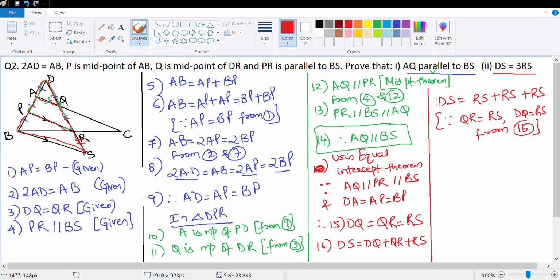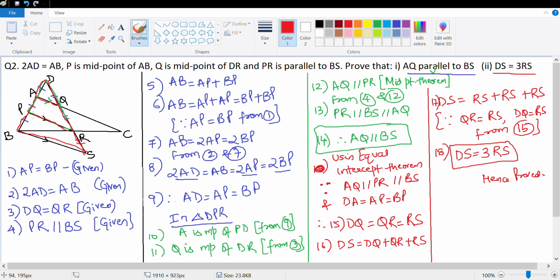This was number 17, which gives me number 18, which is DS is equal to 3RS. Perfect. So hence proved.